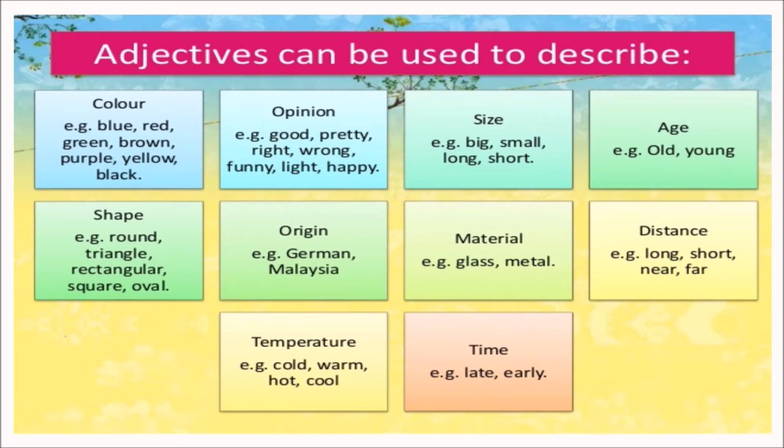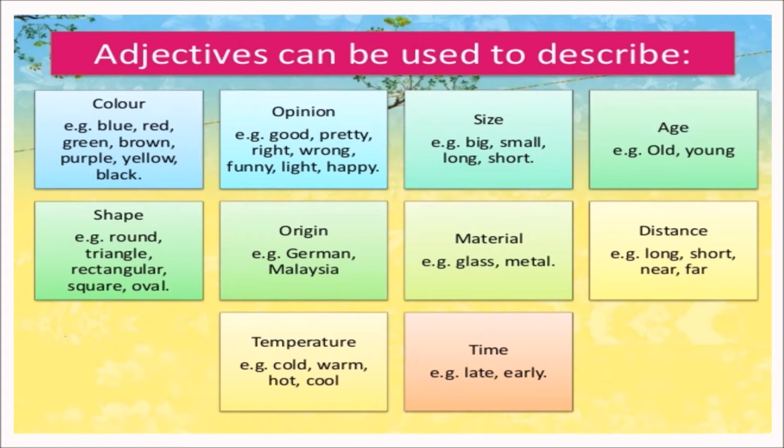Opinion, for example, good, pretty, right, wrong, funny, light, happy. Size, for example, big, small, long, short. Age, for example, old, young. Shape, for example, round, triangle, rectangular, square, oval.